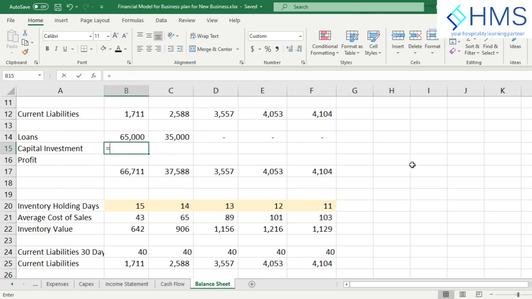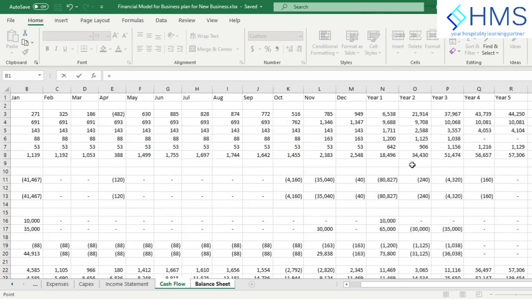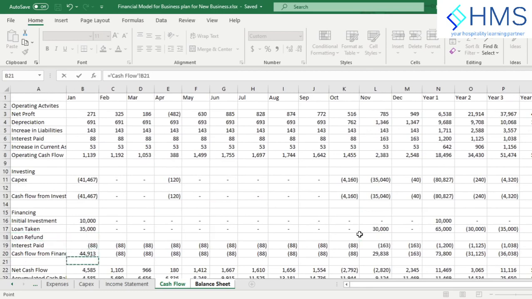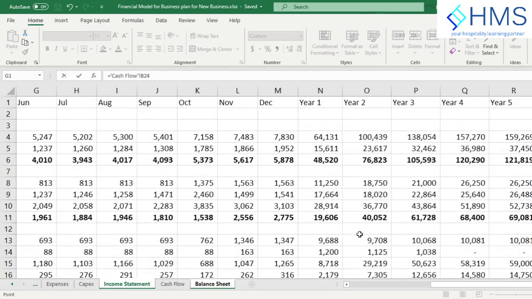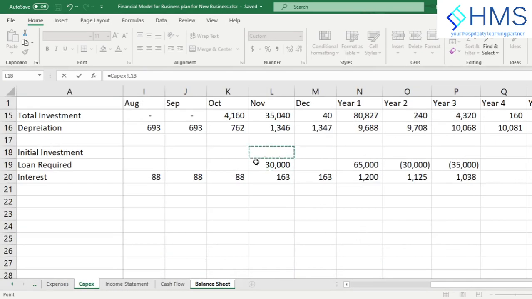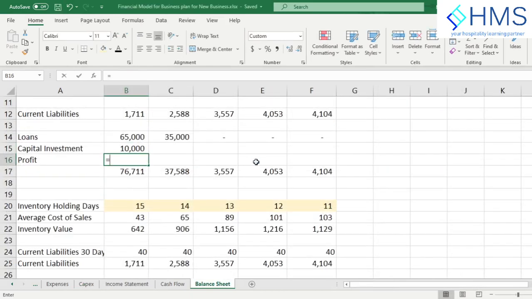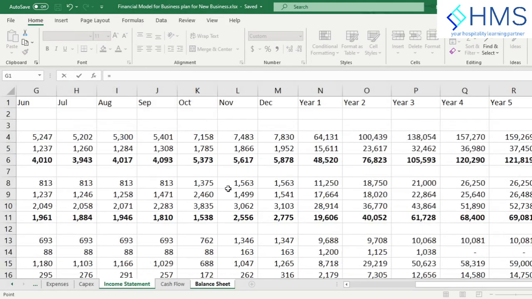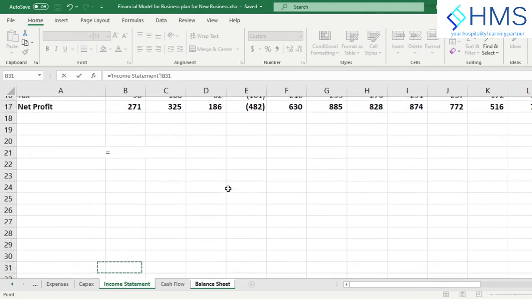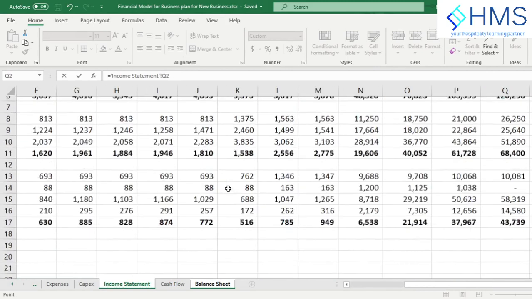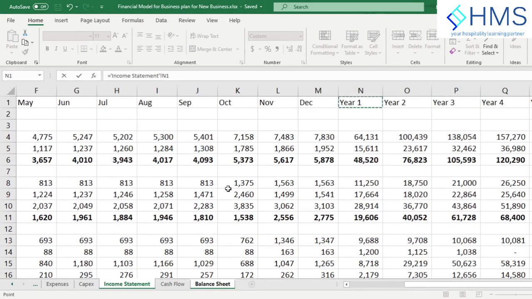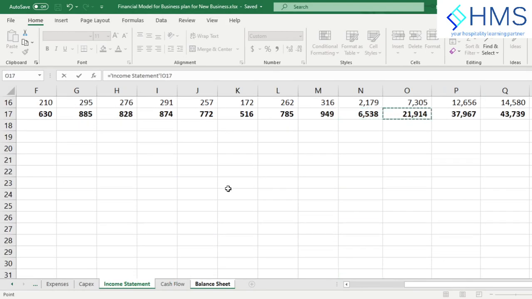Then the initial capital was fixed, so it's going to be $10,000 initial investment, and the profit. So profit will be coming from the income statement, net profit. Let's see year one, how much is year one? Yes, here.